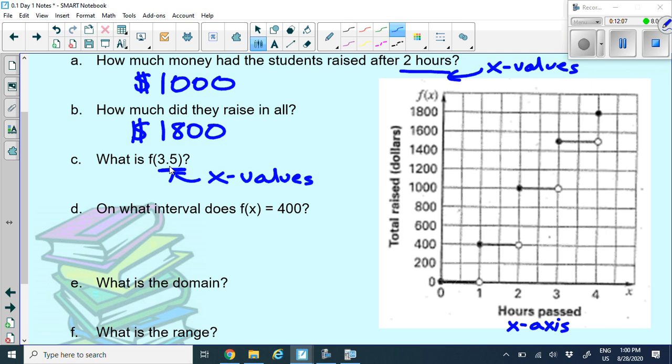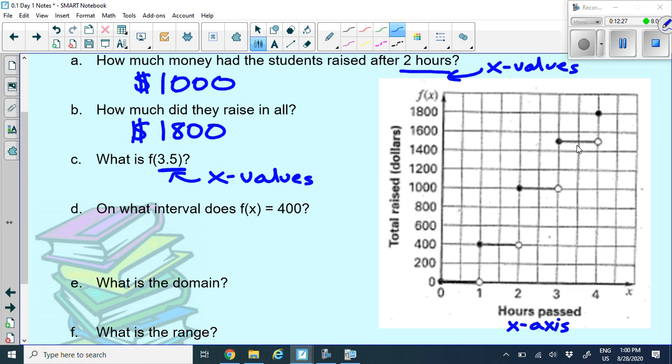Okay, so let's go ahead. For 3.5, we're going to go along the x-axis because these are x values. I go to 3, and it is going to be this spot right here where I have my mouse, okay? So now I need to figure out where is my point, right? I want a solid point. So I go up, oh, here it is.